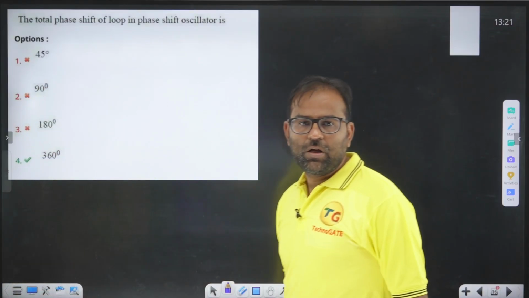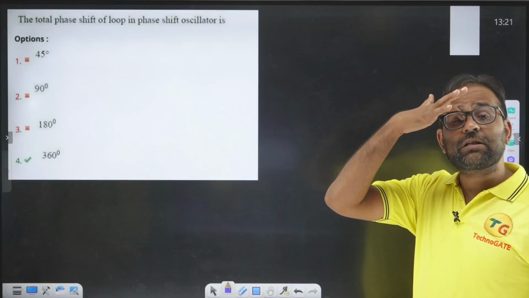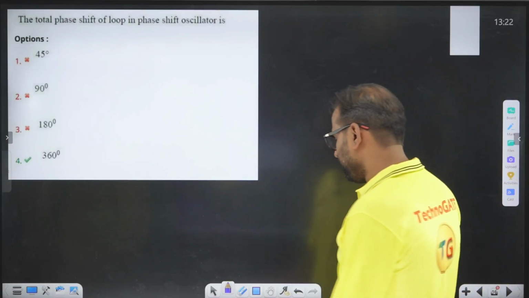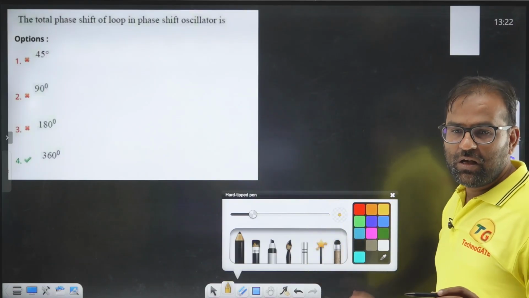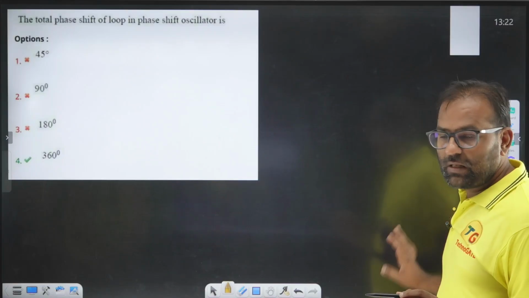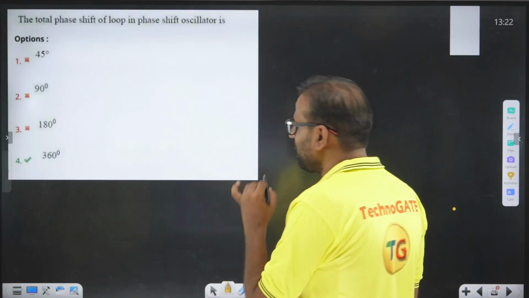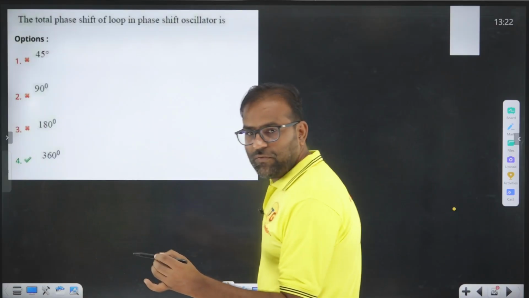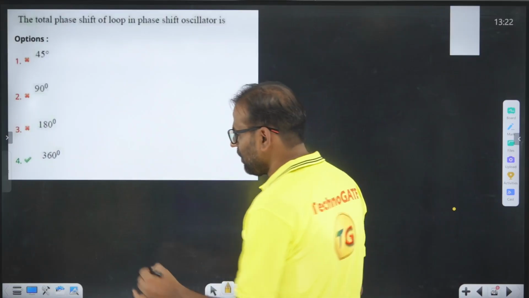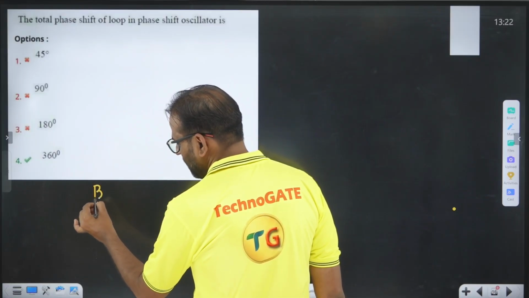Okay. The total phase shift in the phase shift oscillator. Always remember, to sustain the oscillation, how much phase shift is required? If a circuit wants to sustain oscillation, it should satisfy the Barkhausen criterion.